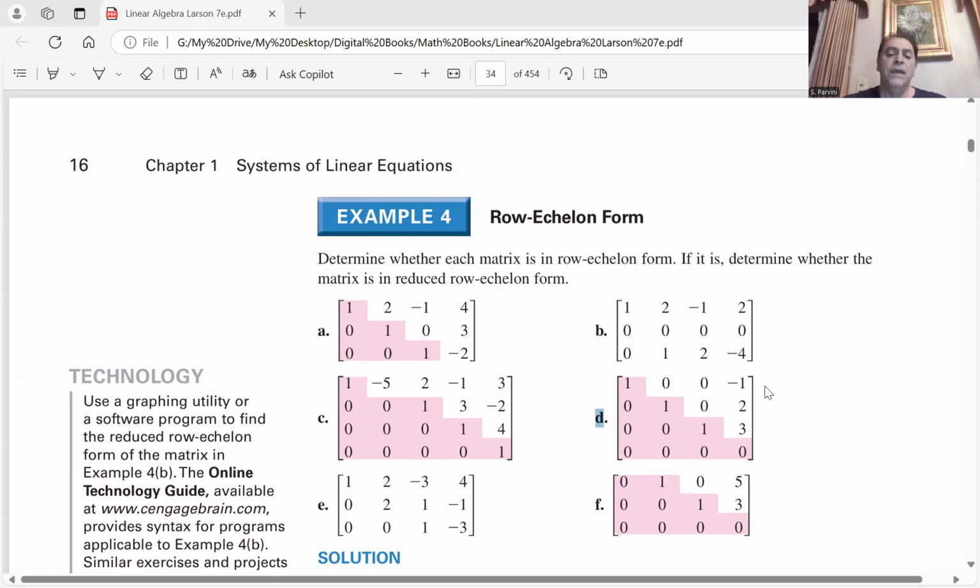Now, the matrix that is in row echelon form, like A, like C, we say that matrix is in its Gaussian form. And then the matrix that's in reduced row echelon form, like D, the one we just covered, that's said to be in its Gauss-Jordan form.